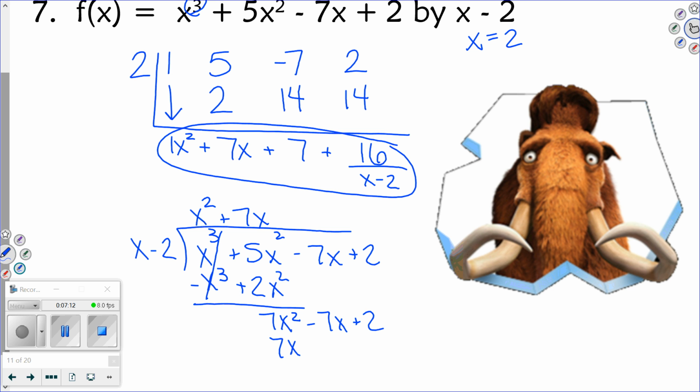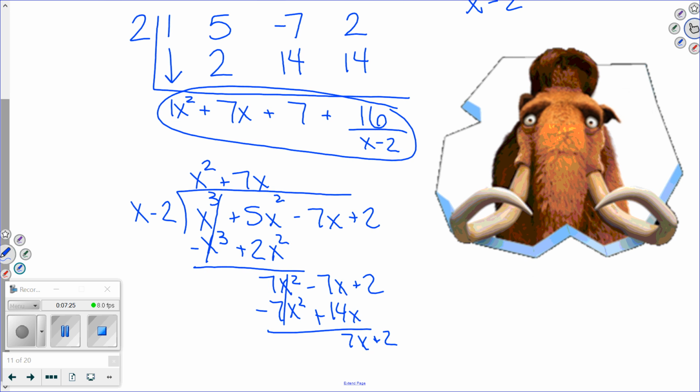Distribute 7x squared minus 14x. Change your signs. Are you seeing the numbers? That gives me 7x plus 2. What do you multiply x to get 7x? Distribute 7x minus 14. Change your signs. And I get 16 for a remainder.